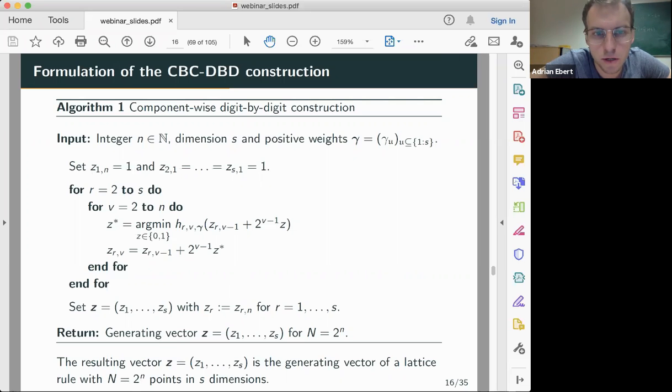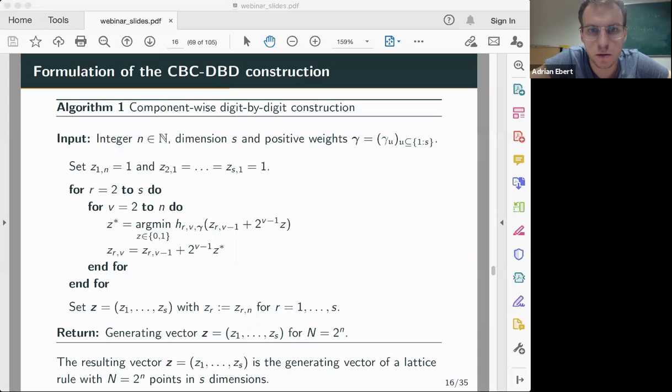And this is kind of what we want, because we want the greatest common divisor of the component and 2 to the n to be 1. As soon as we have an odd number, we kind of assure that, and that gives some properties. I think in the beginning, that was one of the assumptions, that the greatest common divisor between the components and n should be 1. And that's why we kind of need it there. I mean, technically, one could maybe also fix others, but we thought it makes more sense to just fix the first and then have freedom of choice over the others.